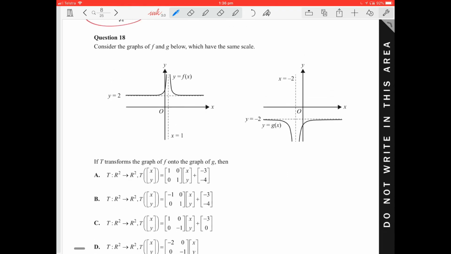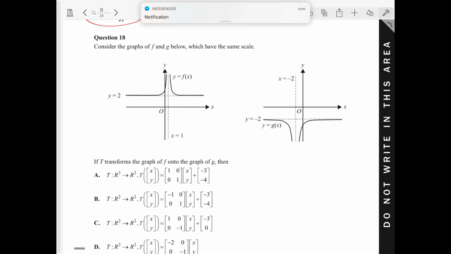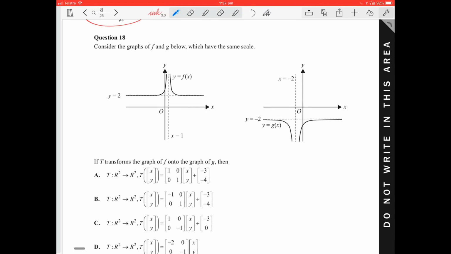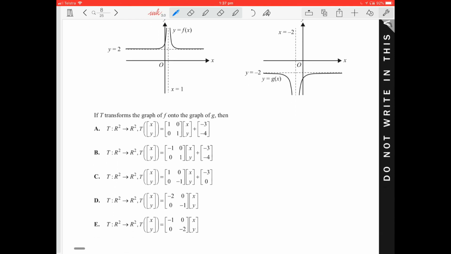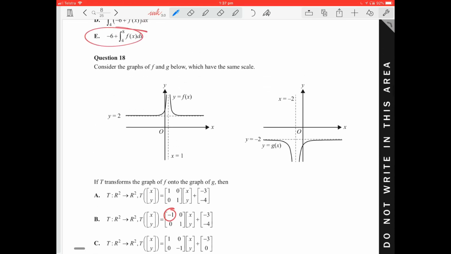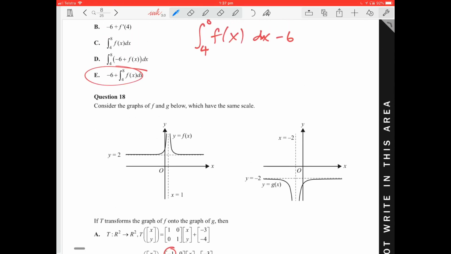Okay, the graph below, which have the same scale. Okay, so it's been moved 3 to the left. It's been reflected in the y-axis.